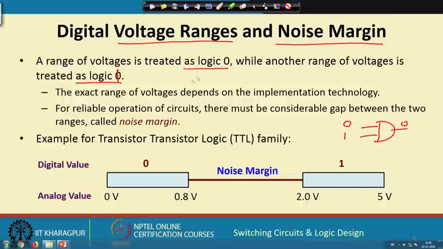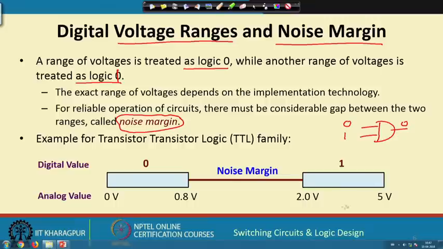Now, the exact range of voltages will of course depend on what kind of logic family you are using, and for reliable operation there should be sufficient margin between the two levels, because your electronic circuits are never perfect. There will be some small variations in their operation and performance.